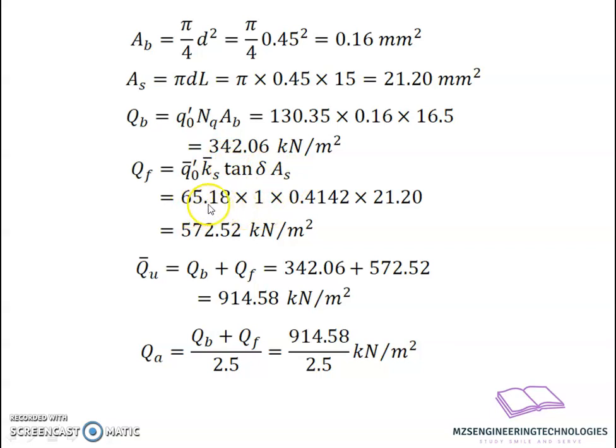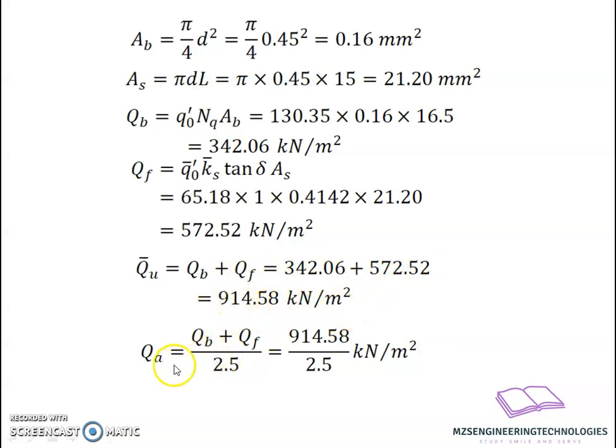We have calculated this as an average, 130.35 divided by 2 multiplied by 1 into 0.4142 multiplied by 21.20, which comes to 572.52 kilonewton. If I add both components, I will get the total ultimate load carrying capacity of the pile. Qu equals Qb plus Qf, which equals 342.06 plus 572.52, which works out to be 914.58 kilonewton.